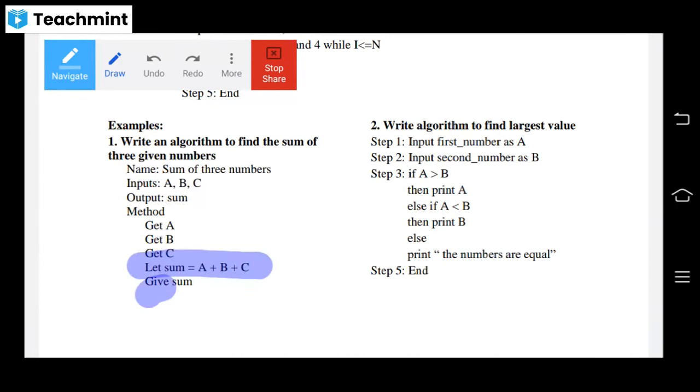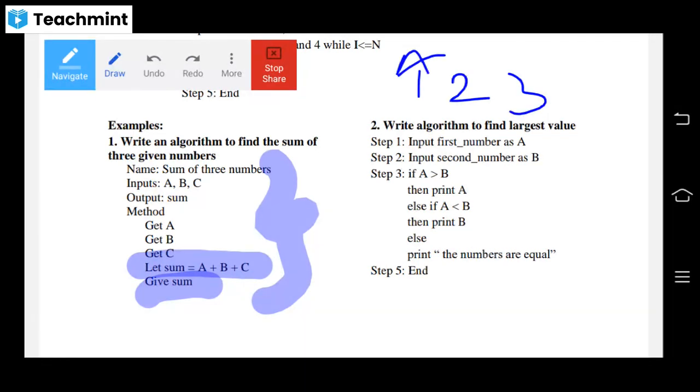Suppose this is related to the sequence control structures. Next we go through finding the largest value. How can we find the largest value? Suppose I am giving three values. I want to find the largest value.